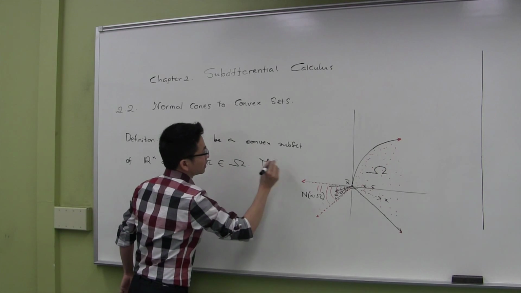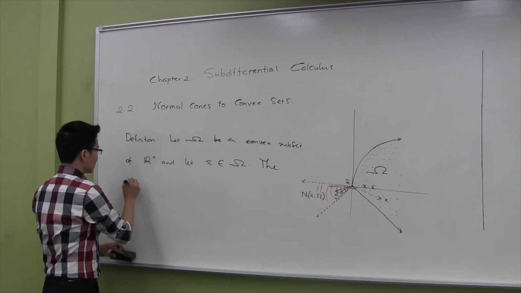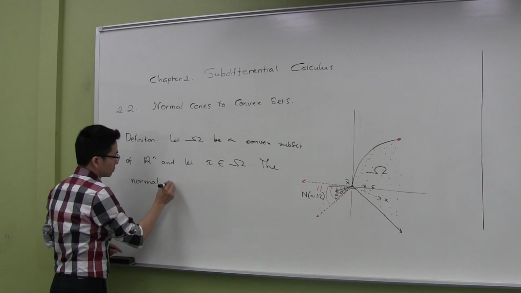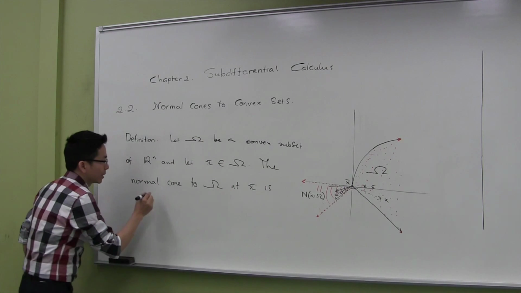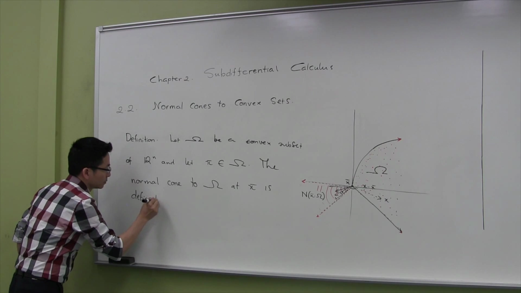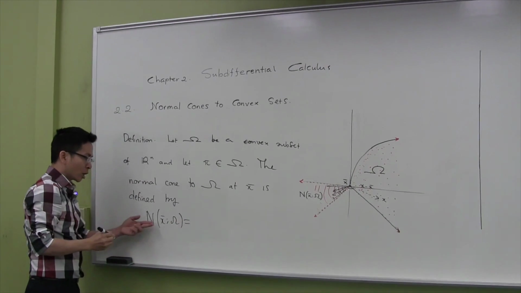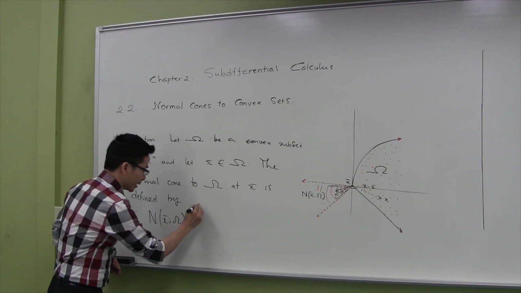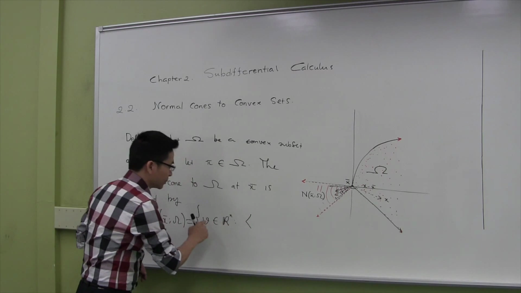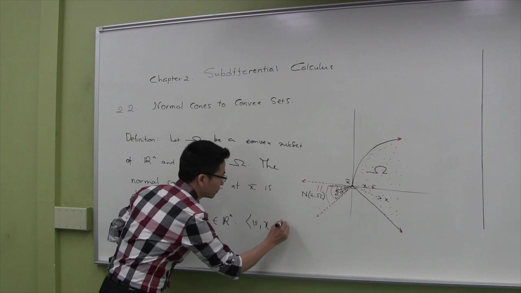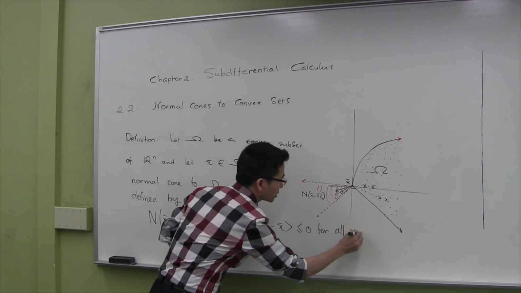Then the normal cone to omega at x bar is defined by: the normal cone to omega at x bar contains all vectors v in R^n such that the inner product between v and x minus x bar is less than or equal to 0 for all x in omega.